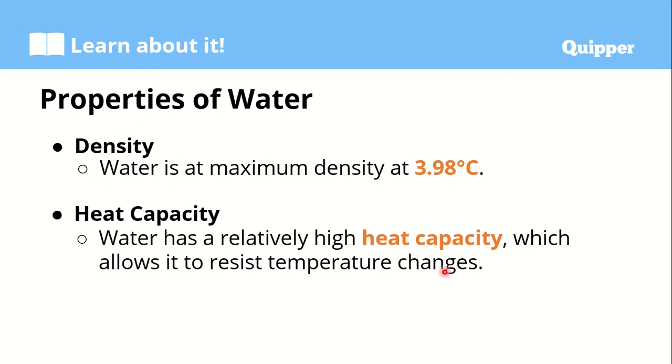Kaya dili pwede nga ang water dali ra siya mo react sa temperature on its surroundings because it would harm the marine life nga naa nang sa ato ang salt water. So when we talk about heat capacity, it pertains to the ability of the water to resist. So bali dili siya dali mo react sa heat or sa temperature changes sa iyang surroundings.